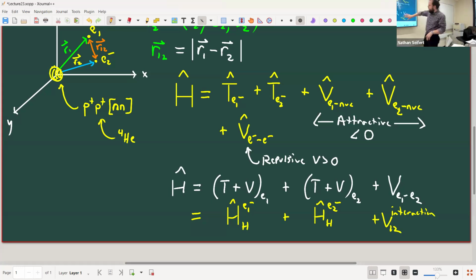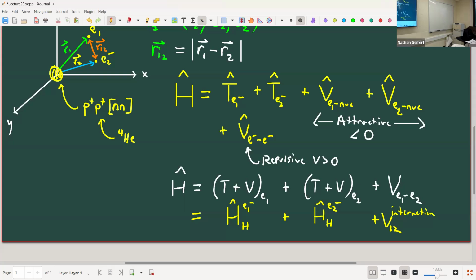All right, so if I turn this interaction term off and say the electrons aren't interacting with each other, the helium Hamiltonian looks just like two hydrogens put together. It's almost as if I took the proton and electron of one hydrogen and the proton and electron of another hydrogen, and jammed them together in the same space and added them together. The total energy of the uninteracting system for helium just looks like two hydrogens in the same place. That's cool. That's a nice way to start thinking about it.